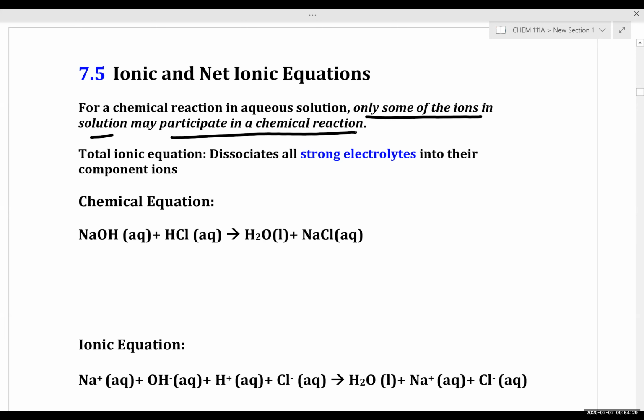In a total ionic equation, we dissociate all strong electrolytes into their component ions. So for example, if we have the following chemical equation, let's identify which of these compounds are strong electrolytes.